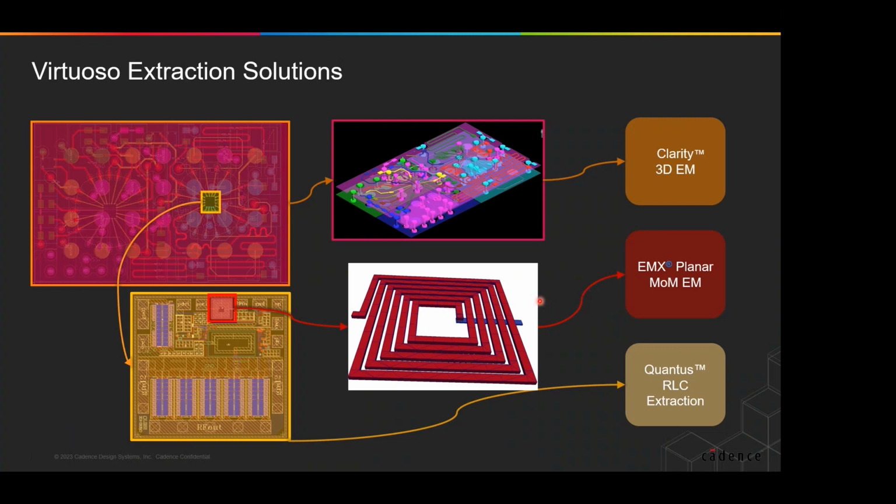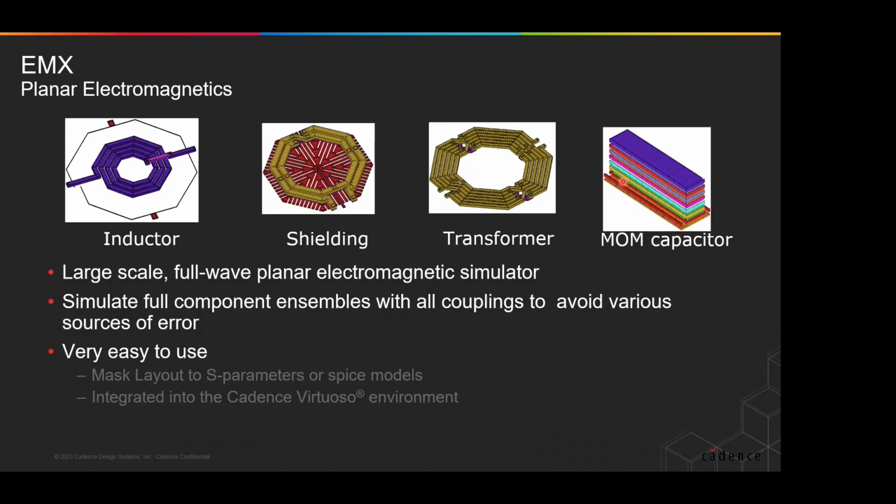You guys have had some experience with that. And then as you move to more complex three-dimensional shapes, we have Clarity, which is our true 3D FEM solver, and that is really good for things that are complicated, things where the 3D shape matters, like bond wires or packages where the size of the third dimension is significant compared to the XY dimensions.